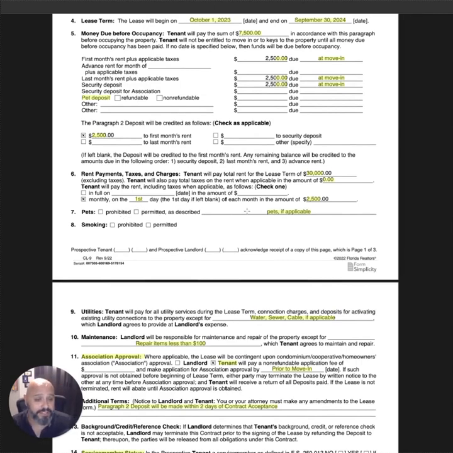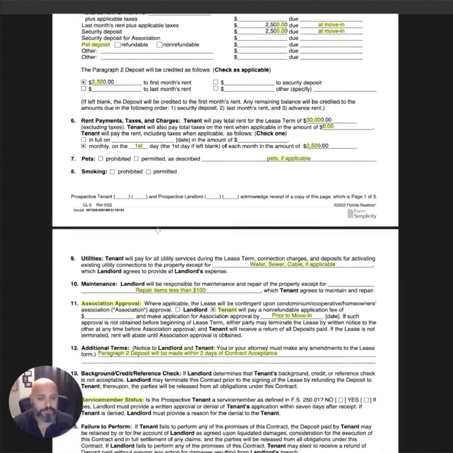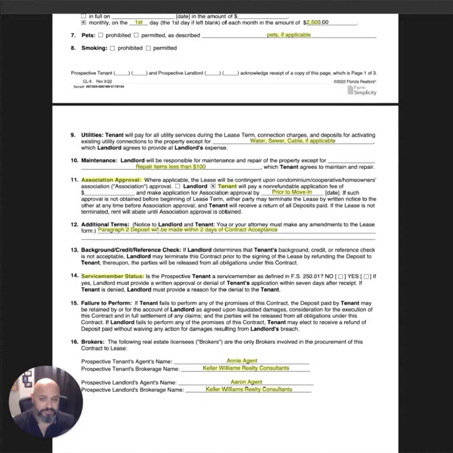If they're permitted, let's put the type of pets, if it's applicable. So I might put a 45-pound boxer. I might put a 5-pound chihuahua. I might put whatever pets that I have here. If they say that it's prohibited, no pets, we're going to check off prohibited. Same thing with smoking, whether it's prohibited or permitted. You're putting that in the very beginning.